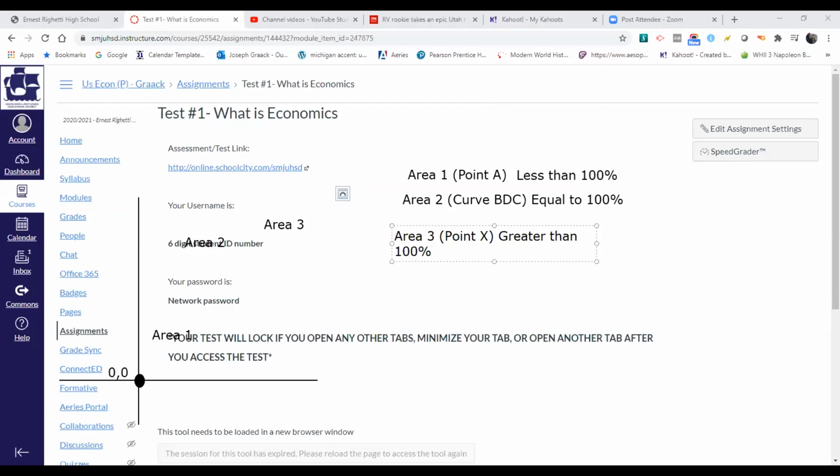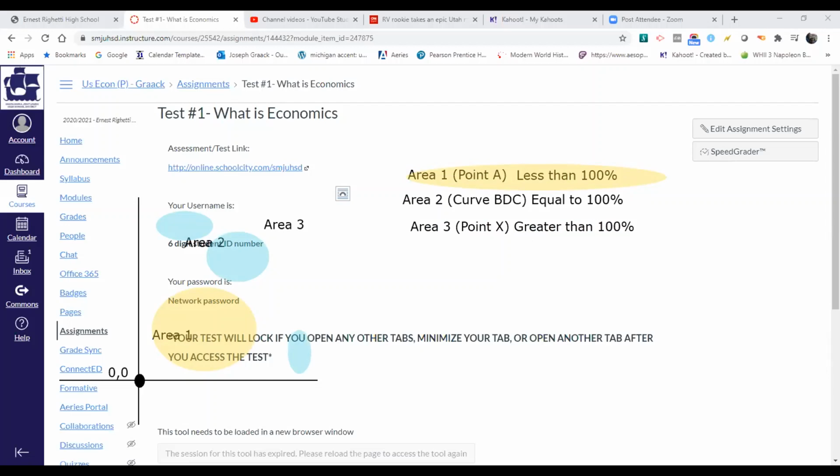Now, so we've got 3 different areas. Let me do this. So area 1, represented by point A, is closest to the origin. It's got to be less than 100%. Then we have area 2, represented by the curve BDC, equal to 100%.